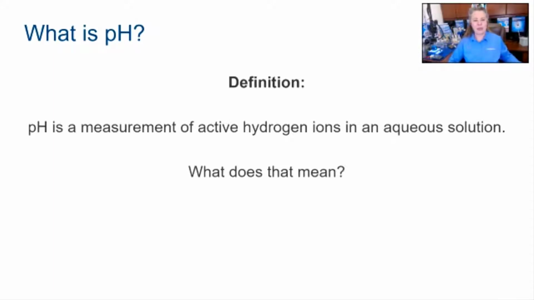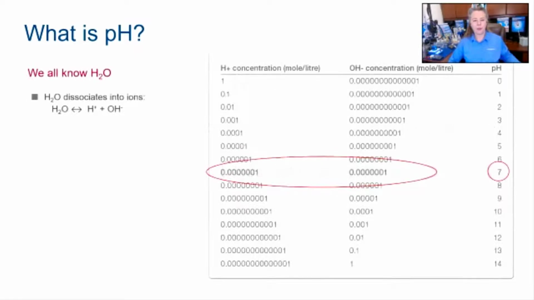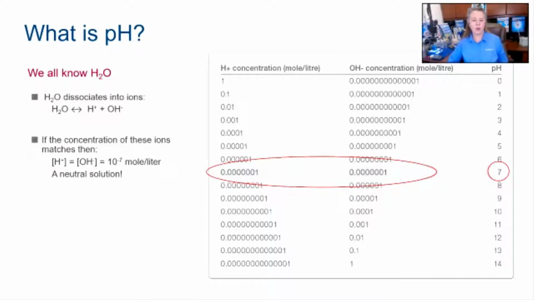What does that mean? Well, we know, and we've seen a ton of tables on this, that hydrogen ions and hydroxide ions are dissociated from water. And we know that at a neutral solution, pH 7, those concentrations should be equal. And we know that this is a logarithmic scale.